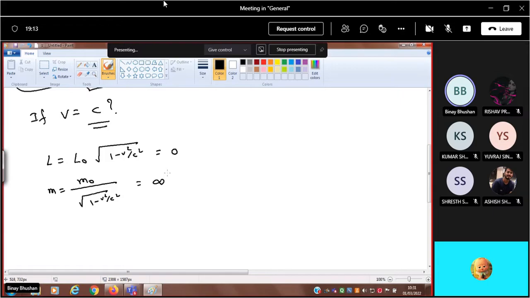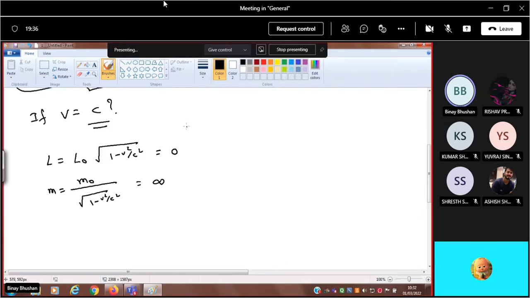Similarly, if a very small particle of negligible mass starts moving with a speed equal to the speed of light, then its mass becomes infinite. From a very small value of mass, the mass becomes infinite.